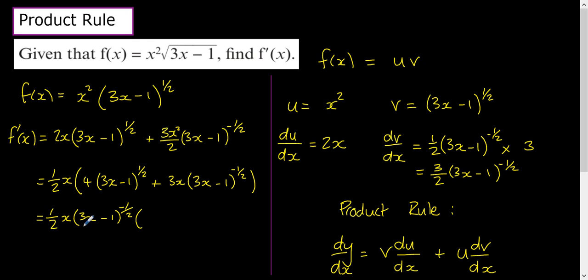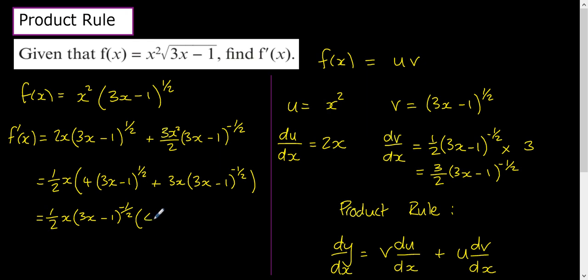This (3x minus 1) to the minus a half is going to be the highest common factor of these two things inside the bracket. The reason being that if we multiply (3x minus 1) to the minus a half by (3x minus 1), then we get (3x minus 1) to the plus a half.